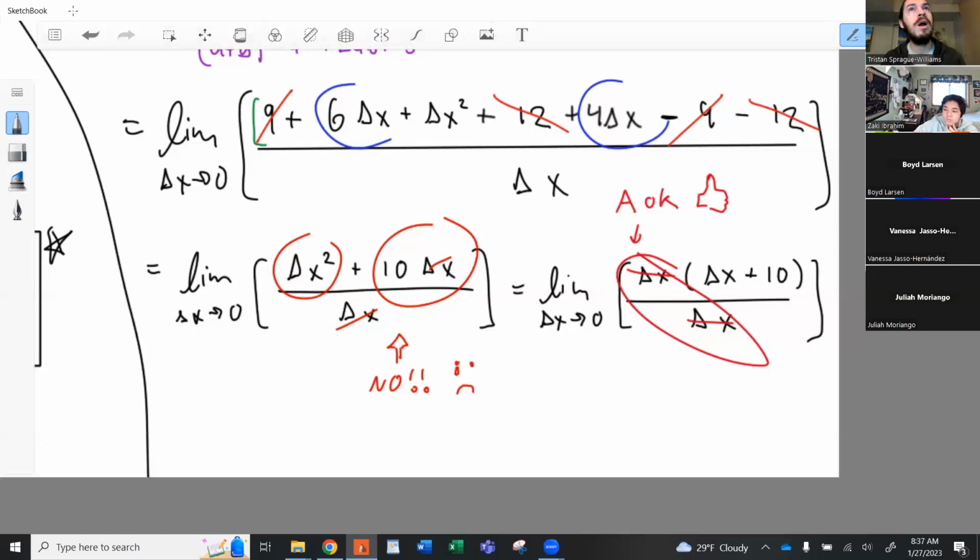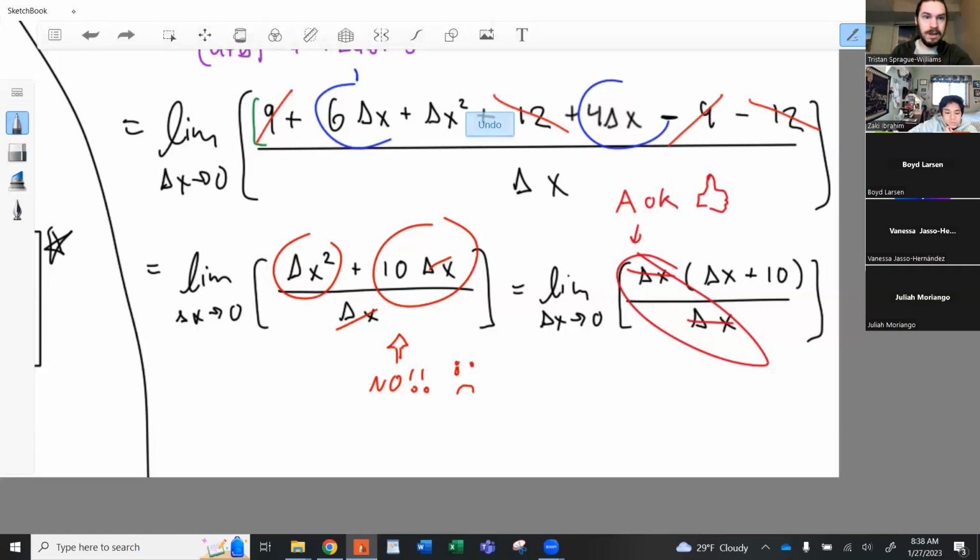Like terms is a phrase used more often when you're combining like terms, like what we did up here, like 6 delta x and 4 delta x are like terms, right? They're like terms because they can be combined. They have the same variables. But the delta x is not a like term, it's a common factor.